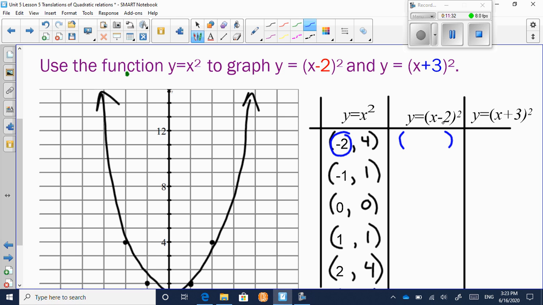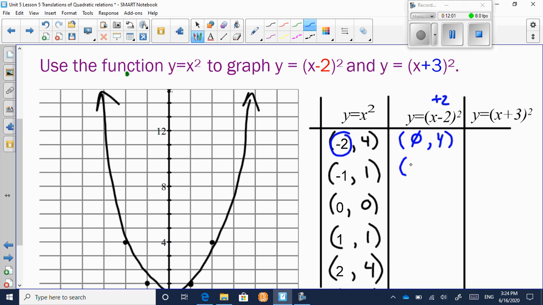Now, it says it's -2, but remember what we said, we do the opposite. So we're not going to subtract 2, we're going to add 2 to each of our x values. And look at this. My x, instead of -2, I add 2 to it and it becomes 0. My y's don't change, it's still 4. Remember, the h, because it's in the bracket, changes your x value.